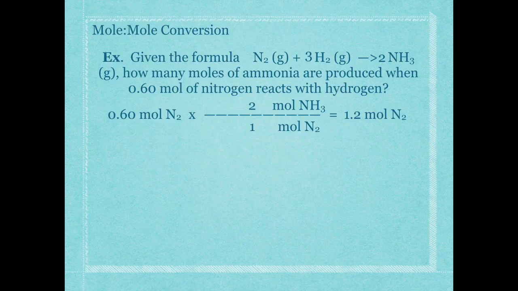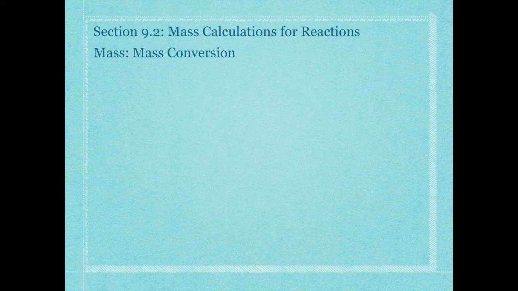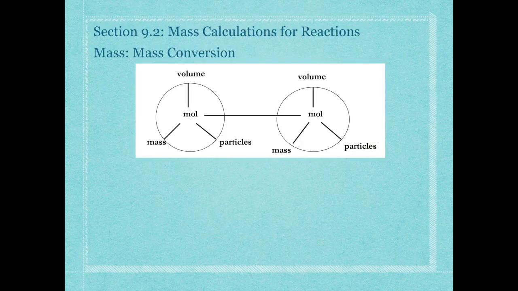That's it. So we're going to add another step, and instead of just going from moles to moles, I'm going to go from, for example, grams of one thing into grams of another, or grams of one thing into liters of another thing. So let's see how I do that. So here is my diagram. If you notice, you've already seen each of these individual wheels.